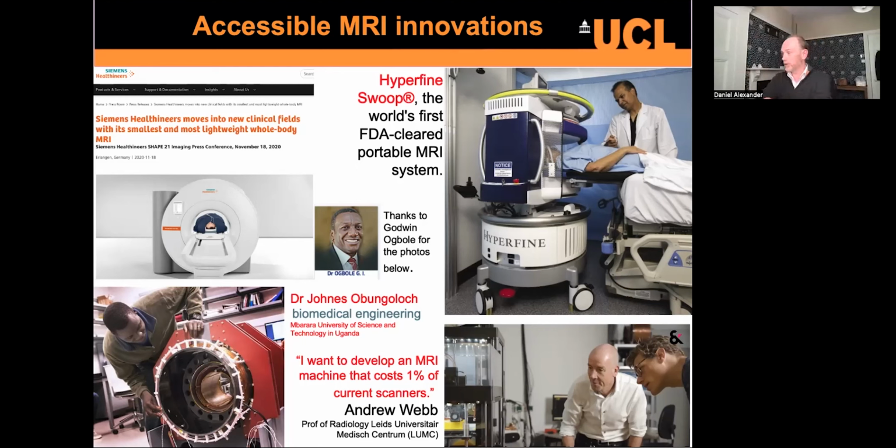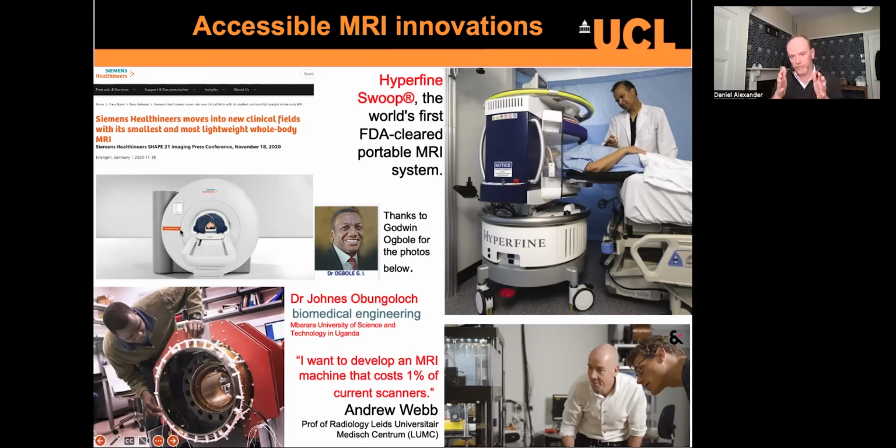Here, slides just showing some examples of the kinds of technologies that have appeared over the last couple of years. Top left, this is the Freemax machine that Siemens, one of the big MR manufacturers, introduced just a couple of years ago. Unlike most modern MRI scanners, which are 1.5 Tesla or 3 Tesla magnets, this is a lower field strength, 0.5 Tesla.